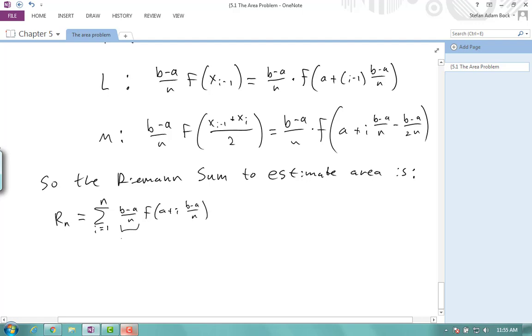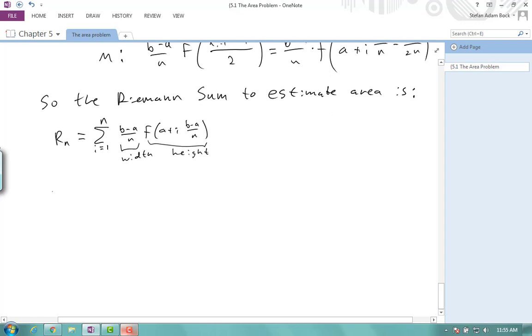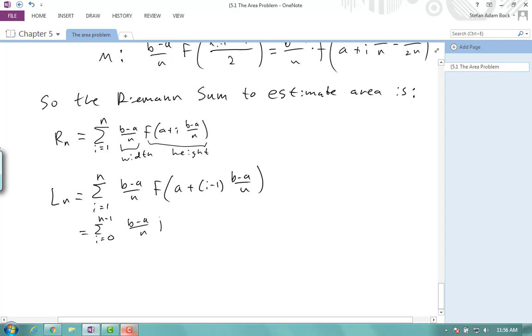That's my width, and that's my height. L sub n equals the sum from i equals 1 up to n of (b minus a) over n times f of a plus (i minus 1) times (b minus a) over n. Or using some sum properties, we'll go over those soon, I can rewrite this from 0 to n minus 1 for a simpler notation.